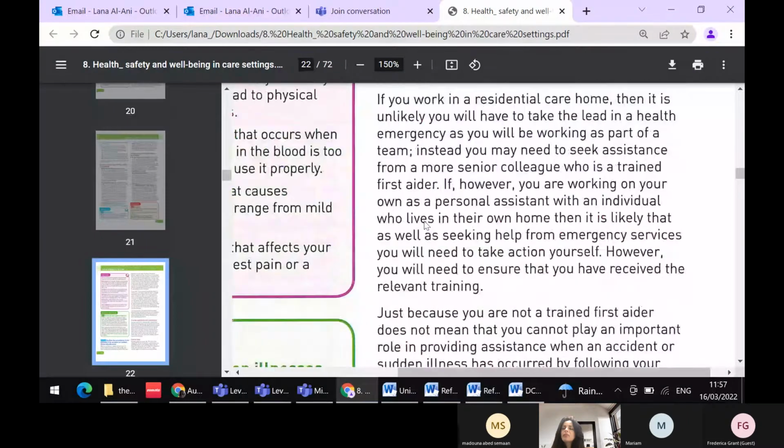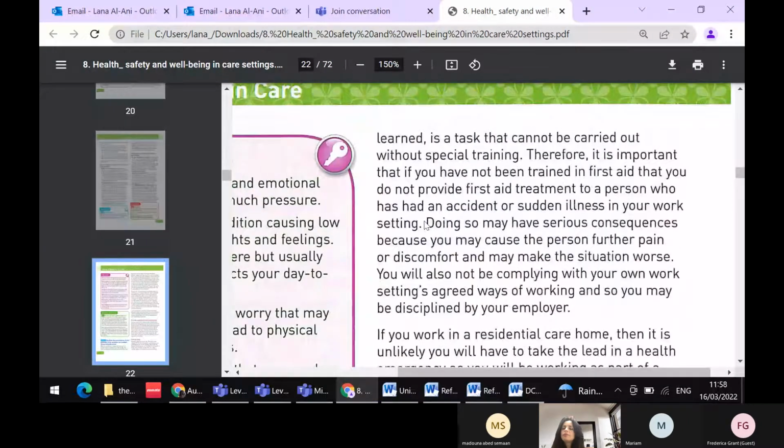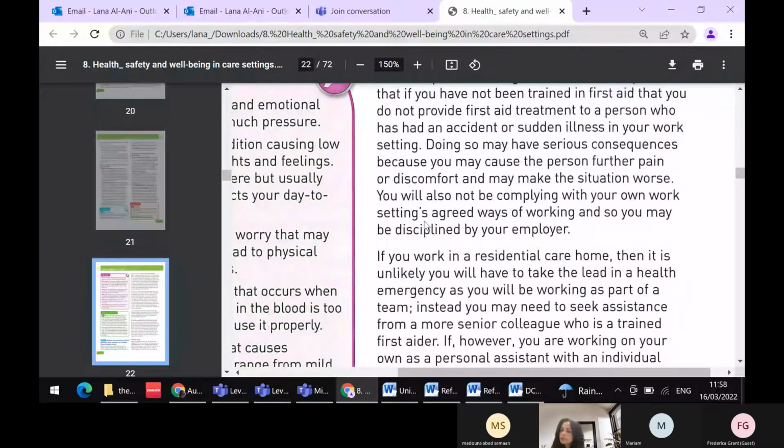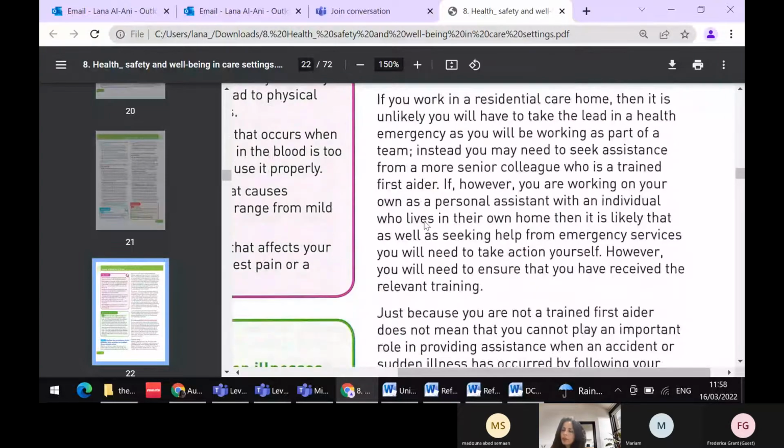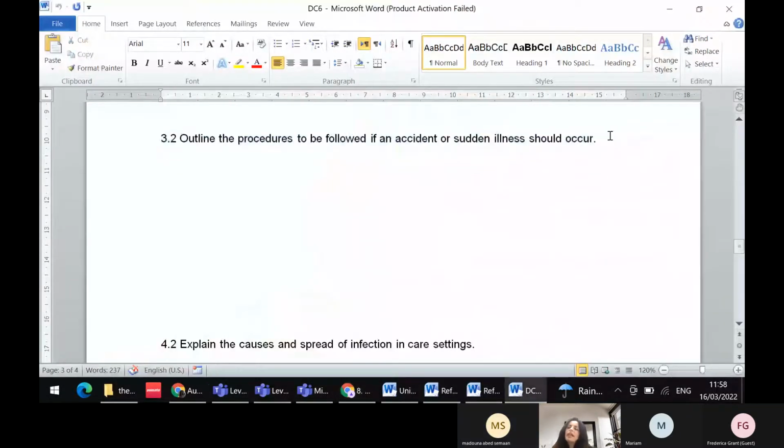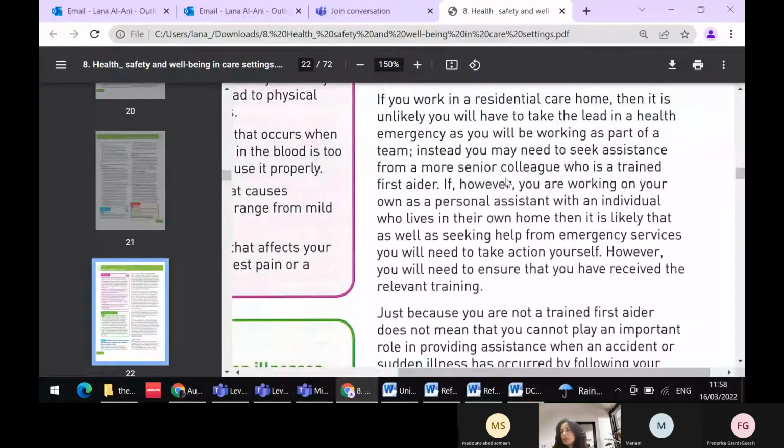Any one of these accidents has happened in the workplace? We talked about so many accidents in the question before. Now outline what's the procedure you follow if there is any accident. Suddenly a man who just fell, one of your clients, and hurt his scalp.